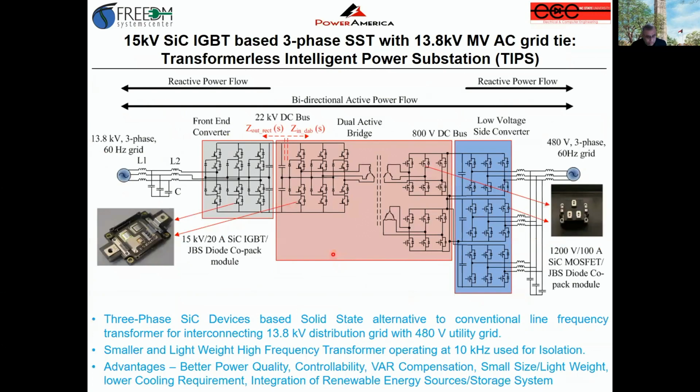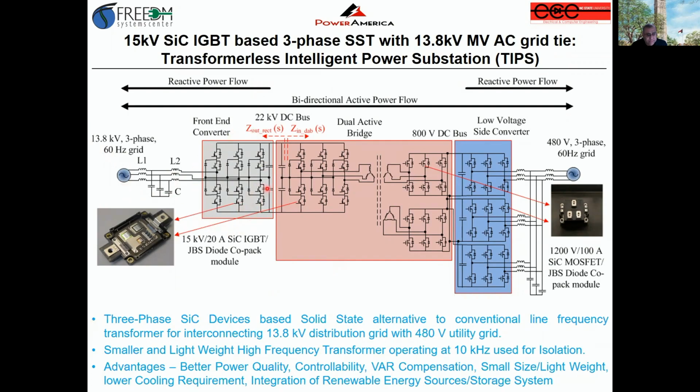Now I want to take you to another solid state transformer, which we did some time back, where we implemented that with the 15 kV IGBTs. With the 15 kV IGBTs, you can go with a single device with a three-level pole and 13.8 kV DC bus.